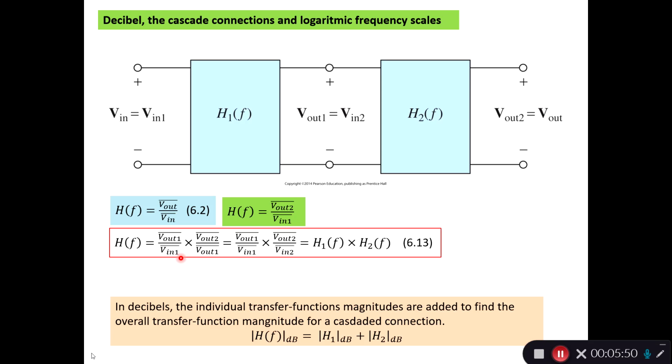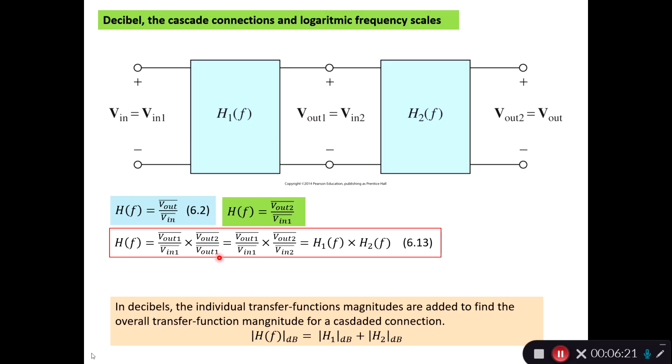If I take the transfer function of the first block, H1, I have Vout1 over Vin1, and then a transfer function that says Vout2 over Vin2, but Vin2 is the same as Vout1.